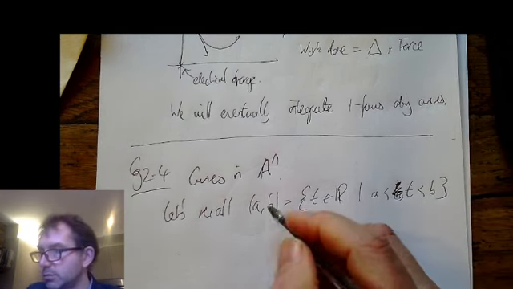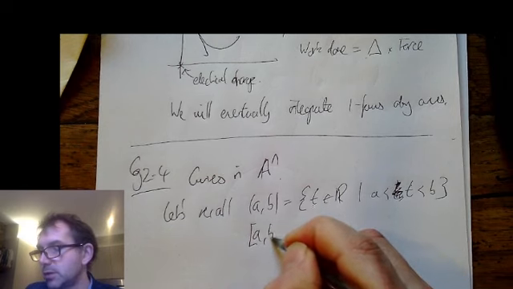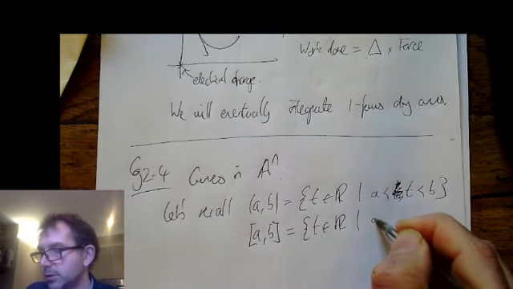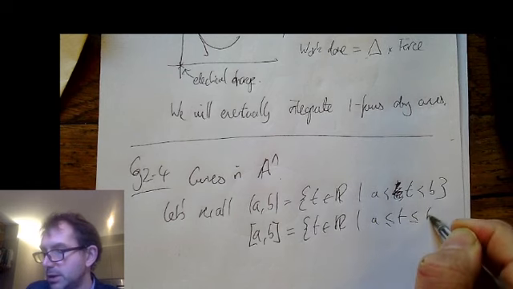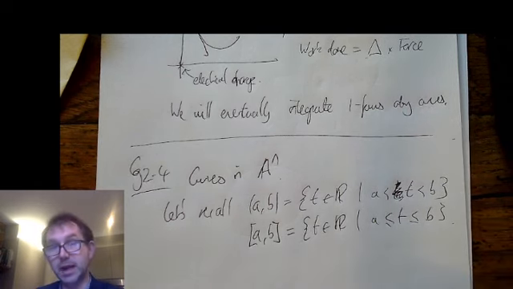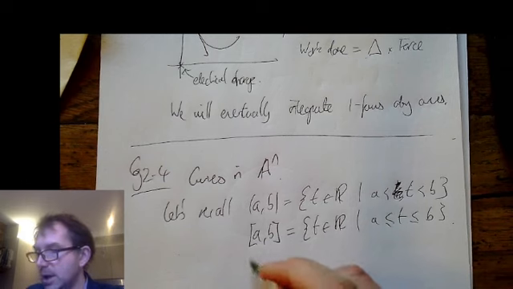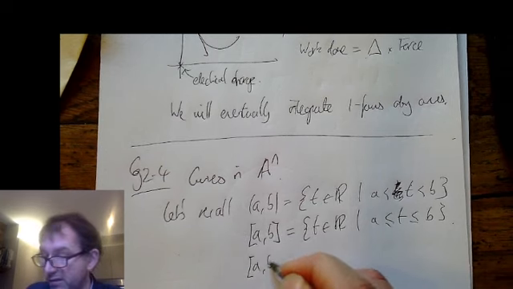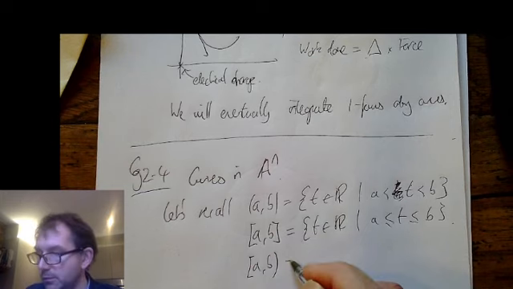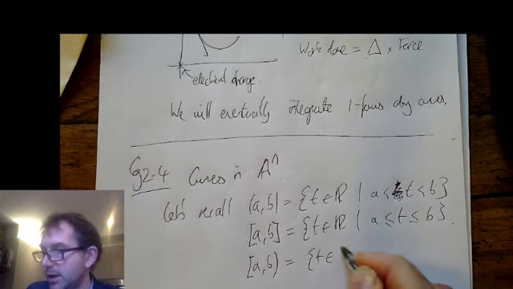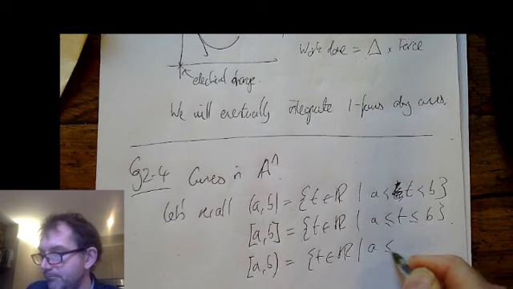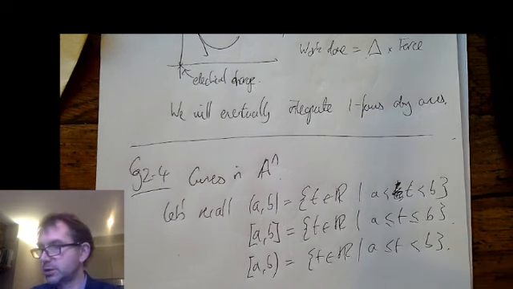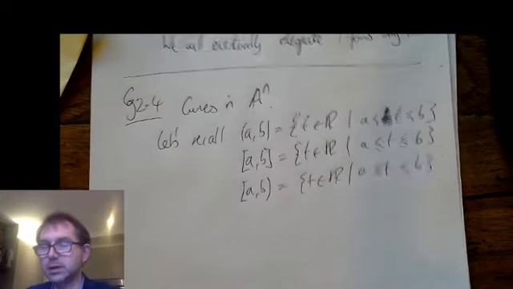We also want some closed intervals, so that's where we use a square bracket, and those are the real numbers exactly the same, except they also take the endpoint. And then we can have half and half, so we can close it off at one end and not at the other. So we'll have all such intervals at our disposal.